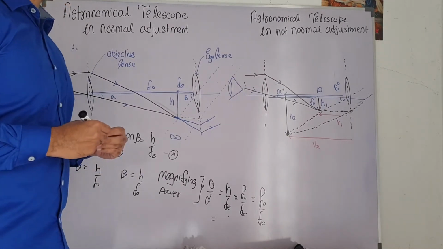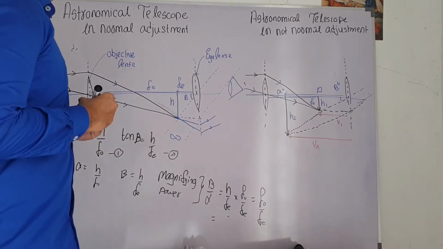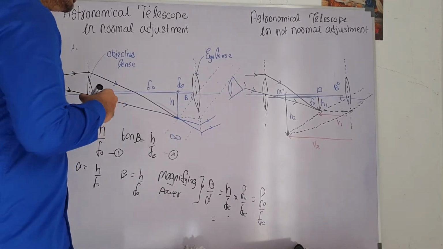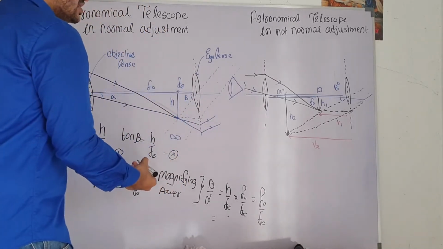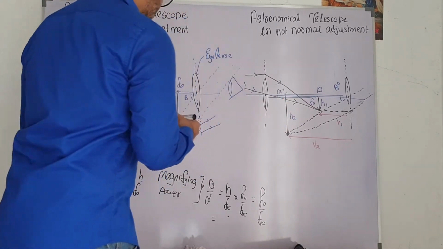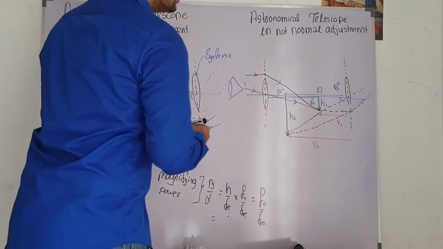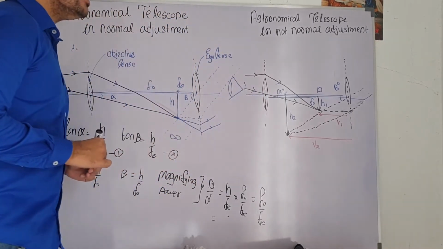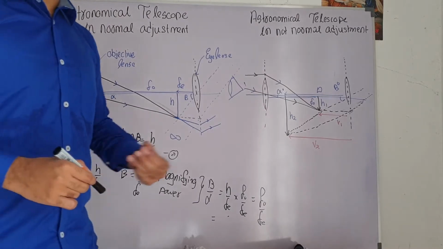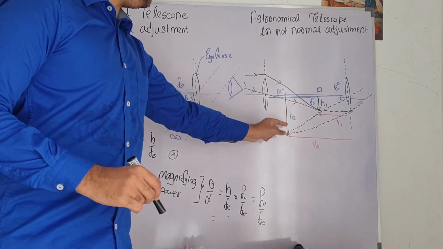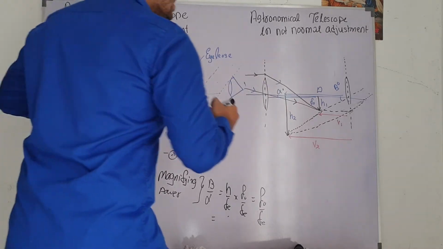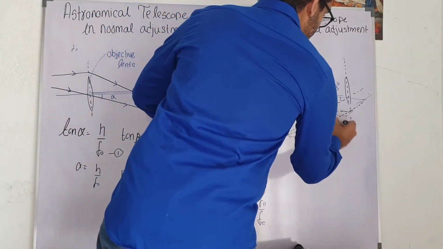When we obtain the equation for the astronomical telescope in not normal adjustment, we have to consider the same thing. But here you can see that the light rays travel in a way that forms a second image. That second image will have a greater height, so h1 will be less than h2.